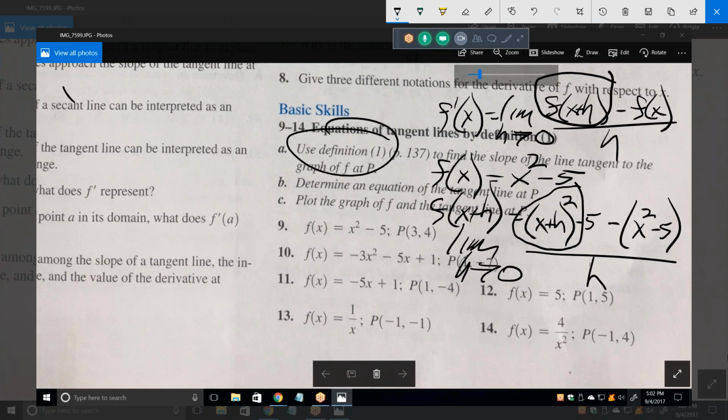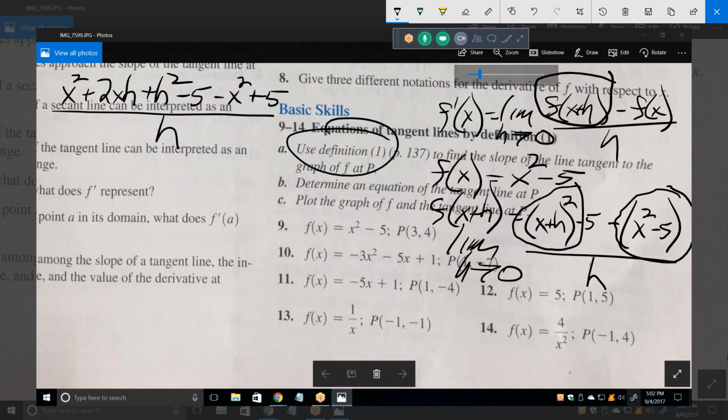Well, it's x squared plus 2xh plus h squared. Still minus 5. Now I'm going to remove these parentheses right here, which becomes minus x squared plus 5. You with me?